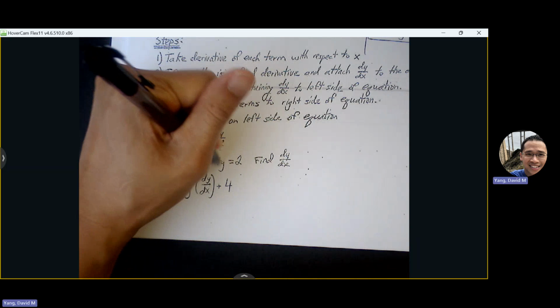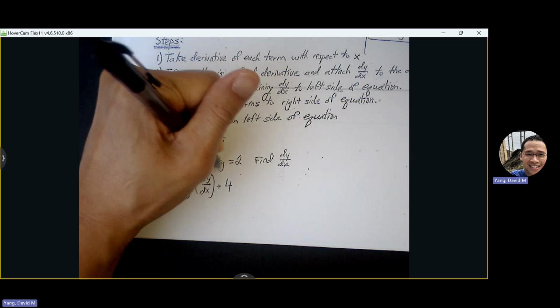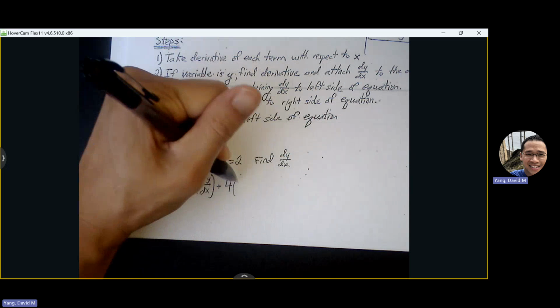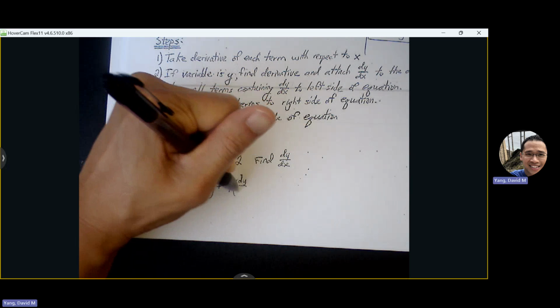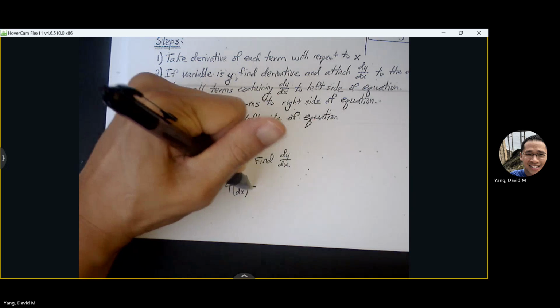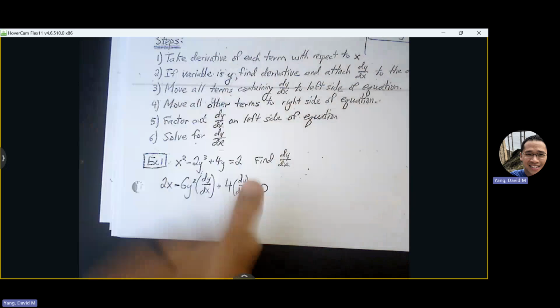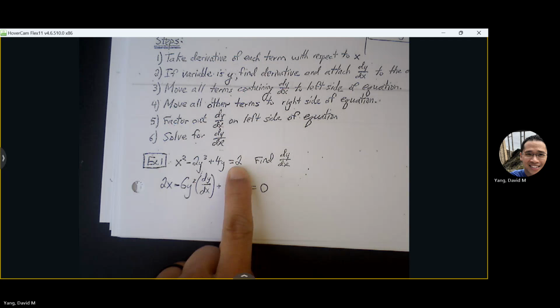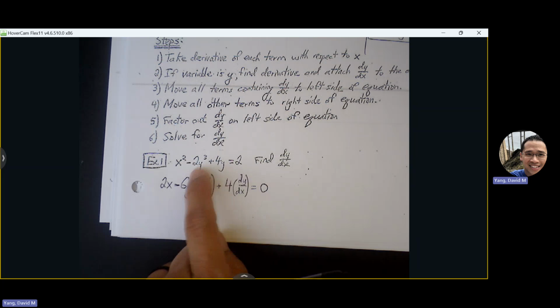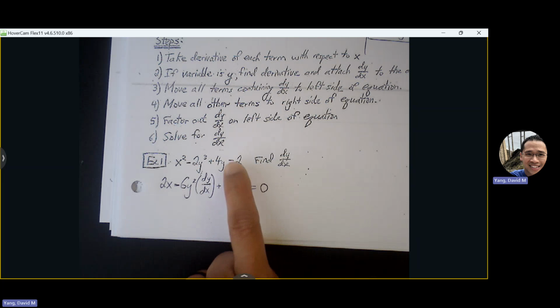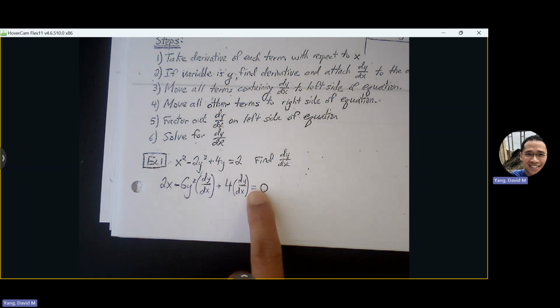We are asking for y's derivative, so even though the y disappears, we still need to include a dy dx. Equals what? 0. Sometimes I see students think of that 2 as just on the other side, so it's not getting impacted, but both sides of the equation are getting impacted by our derivative, so that 2 is not going to stay. That 2 will go to a 0.